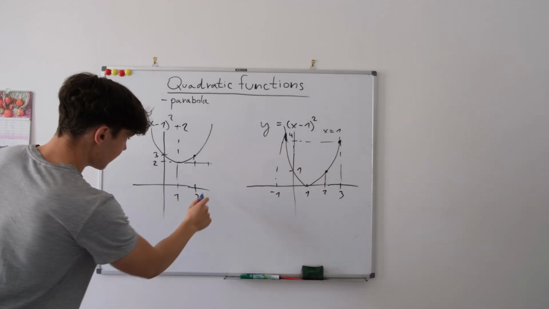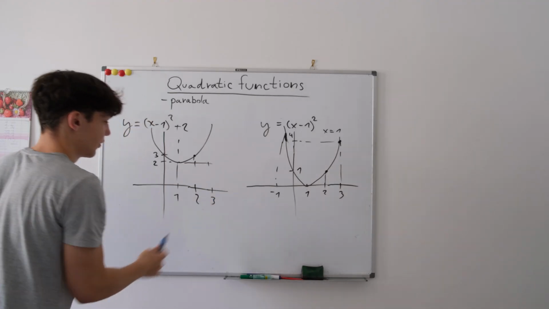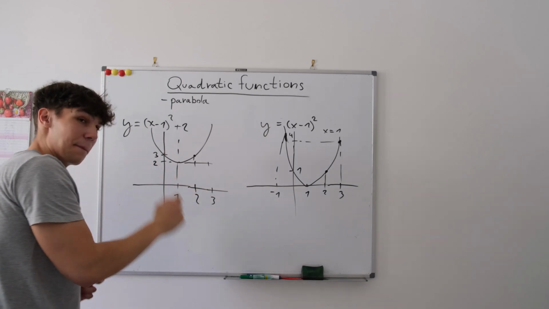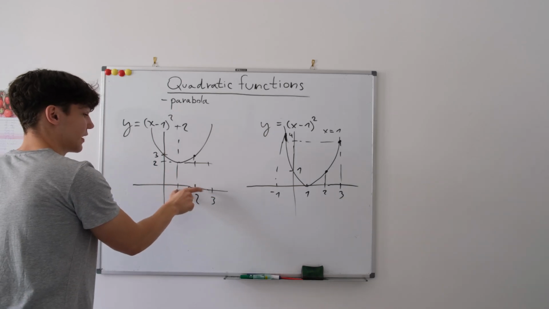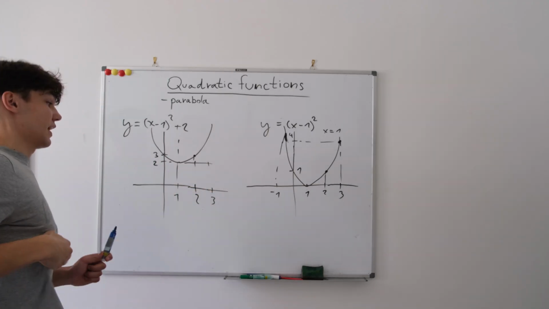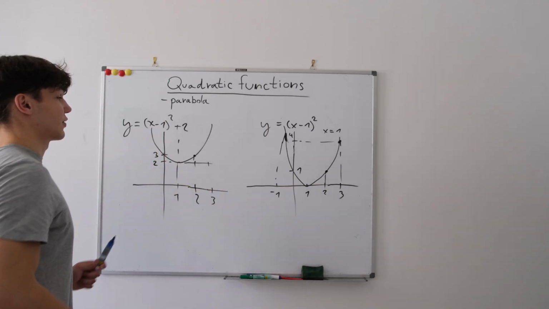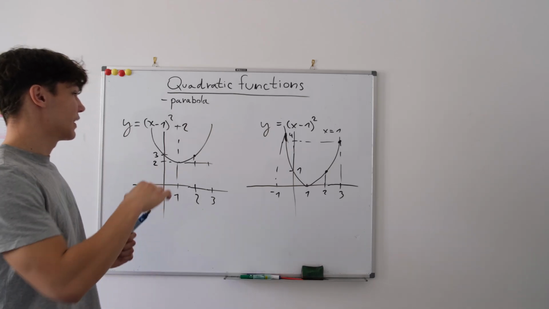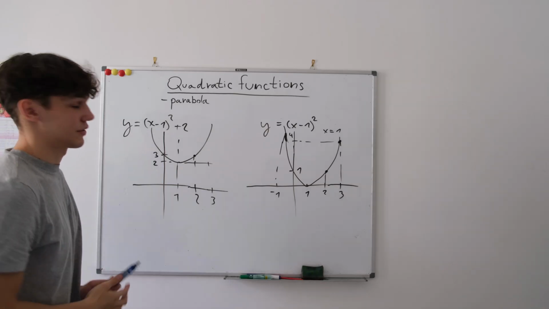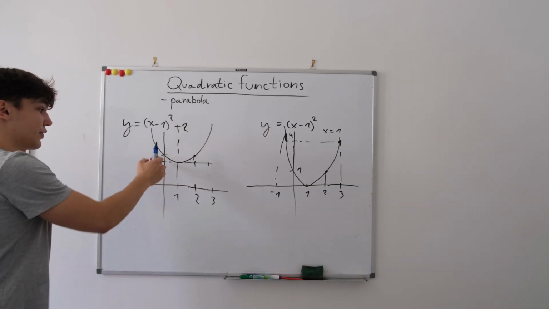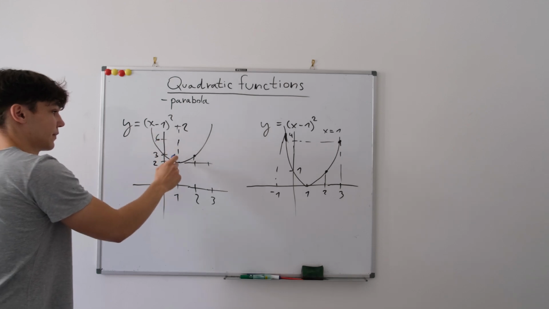Here, it is the same as plugging in 2, because yes, it is 3 on the normal axis, but we go by 1 to the right and by 2 to the right. So we have the function go 2 up, and we also have to do it to the second power, so that's going to be 4. And we have to add it, so it's 2 plus 4, that's 6.